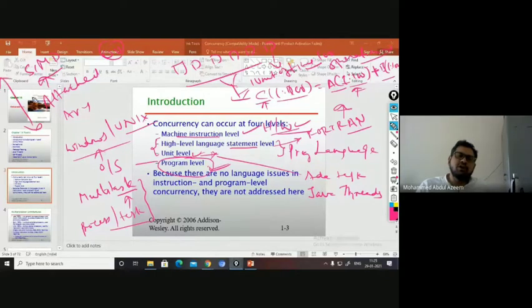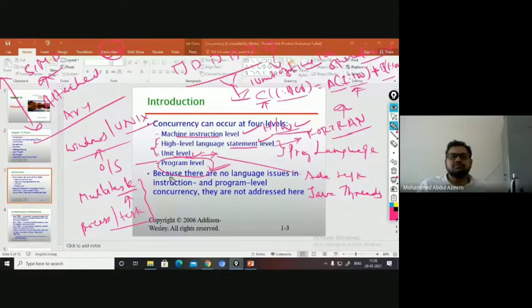Provided one of these architectures is available, the programming language allows such a facility, provided by some languages like Fortran.